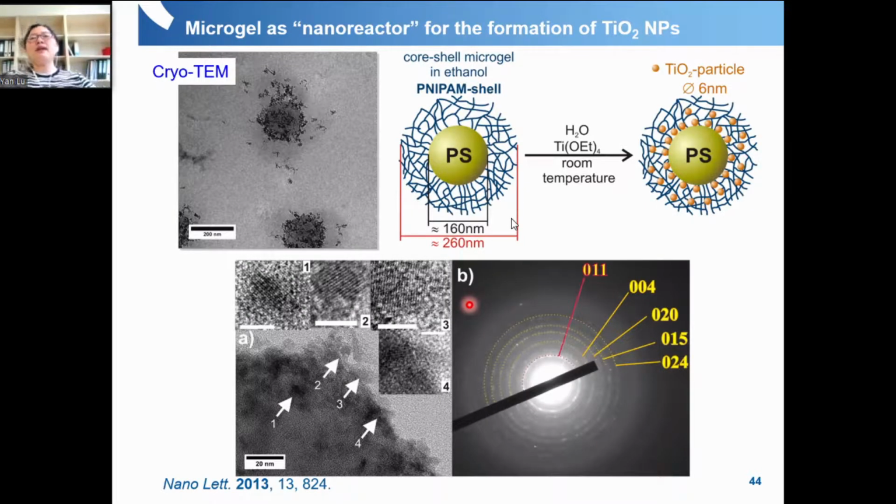Instead of this metal nanoparticle, of course, you can also deposit other systems. Here I give you one example. You can also generate titanium dioxide nanoparticles in the microgels.